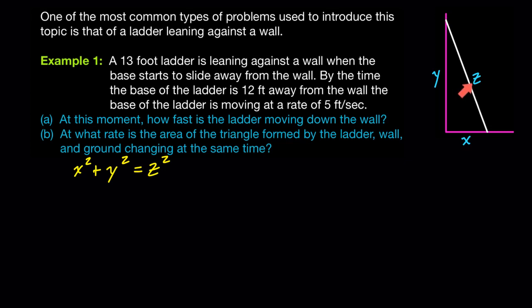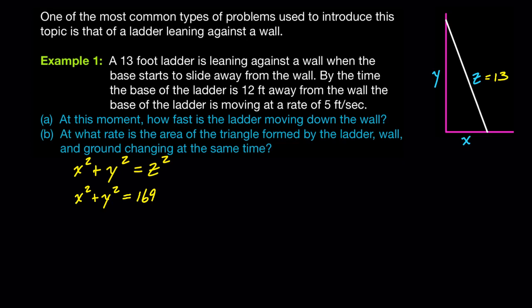This is the length of our ladder. The length of the ladder does not change. So therefore, we can substitute the length of the ladder, which is 13 feet, into our problem in place of z. That will give us x squared plus y squared equals 13 squared, which is 169.